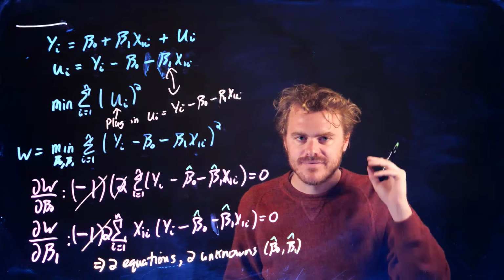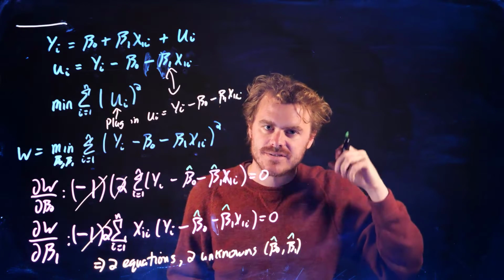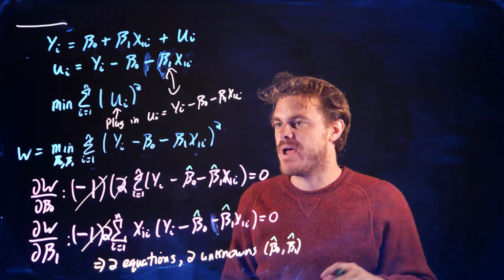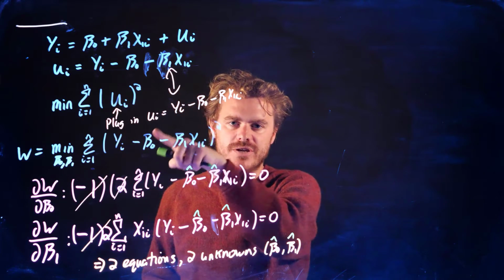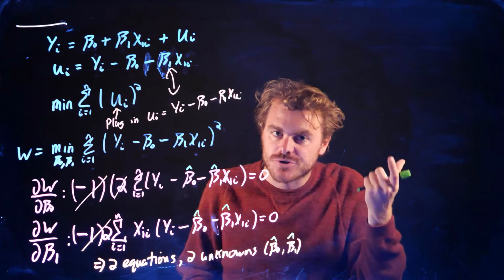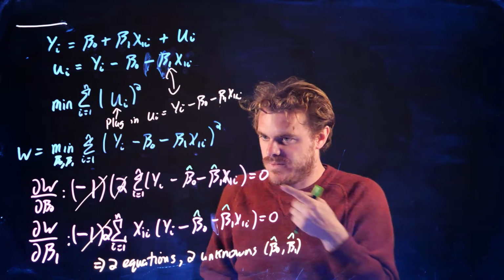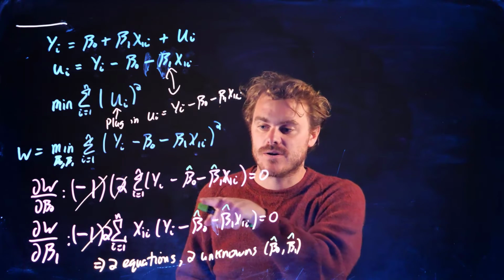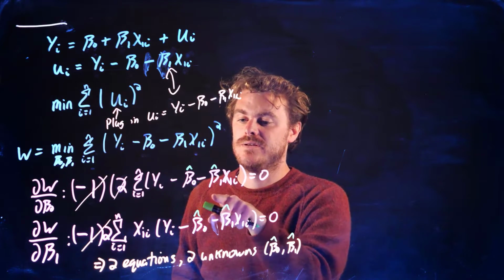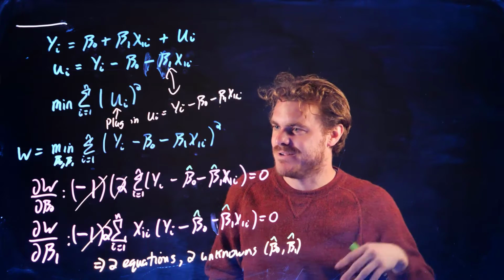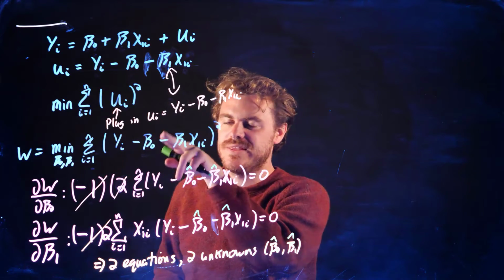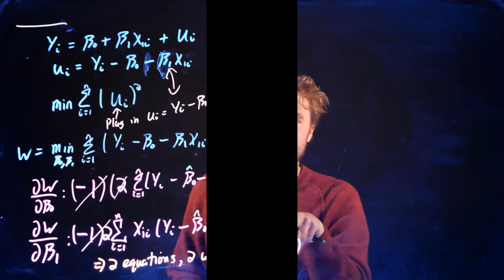The hats indicate that they're estimates or estimators. Without a hat, it's the true value. So whenever you don't see a hat on a beta, it means it's the true value. These are not the true values. These are what we're coming up with as our educated guess through statistics of what these values are. So that's why there are hats on them here.